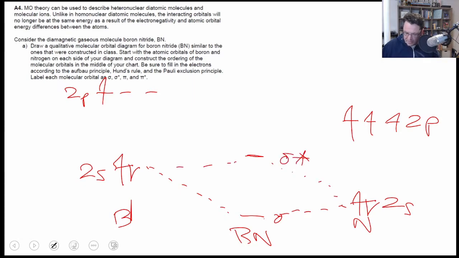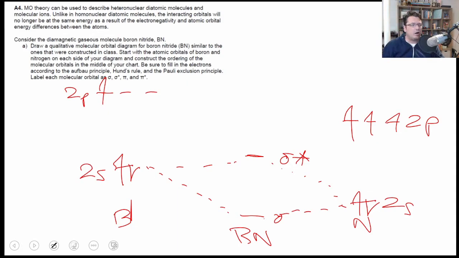So you have that. Now, the next sets, the ones that include the 2p's, can get more tricky, because it depends very much on where within the periodic table the elements exist as to whether the next set of orbitals are going to be pi bonding orbitals or sigma bonding orbitals.